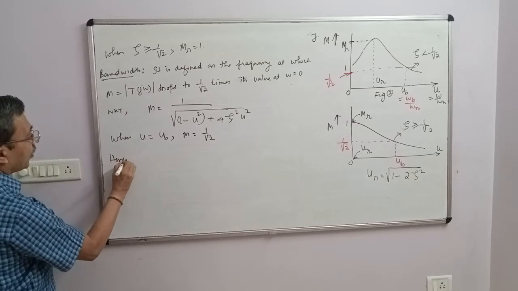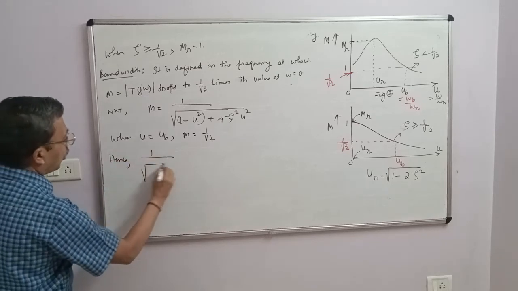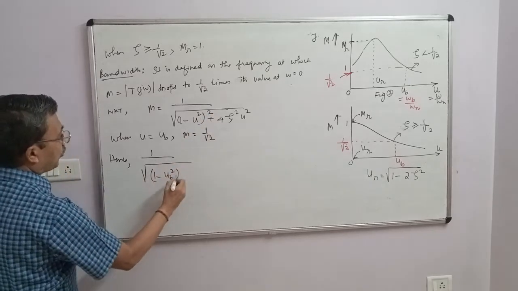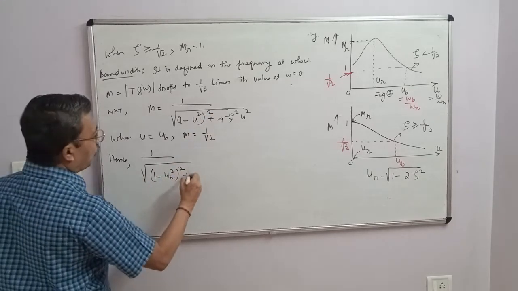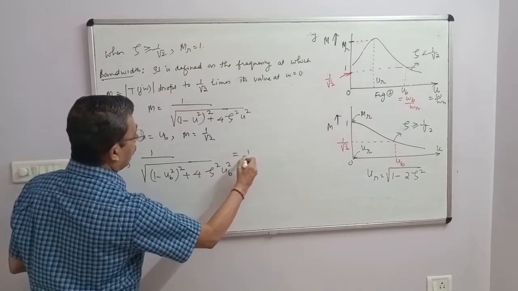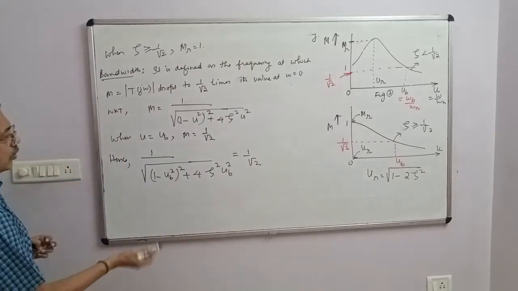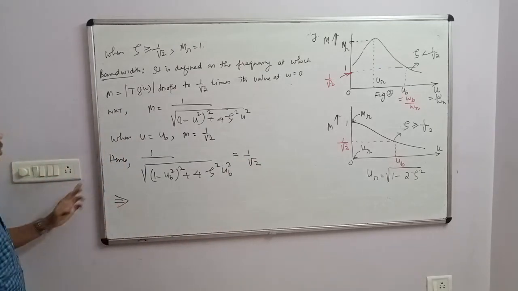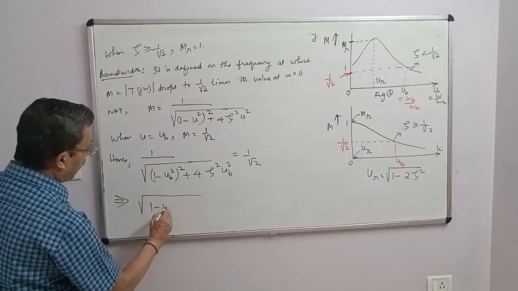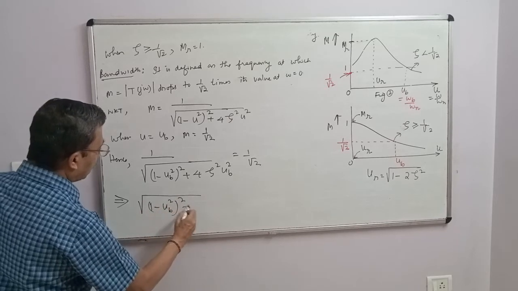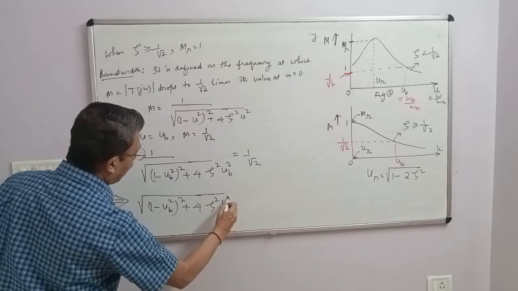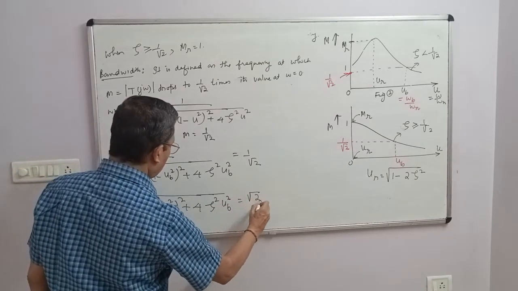Hence 1 over square root of (1 minus ub square) whole square plus 4 times zeta square ub square is equal to 1 by root 2. Cross multiply and square both sides. Cross multiplying, we get square root of (1 minus ub square) whole square plus 4 times zeta square ub square is equal to root 2.